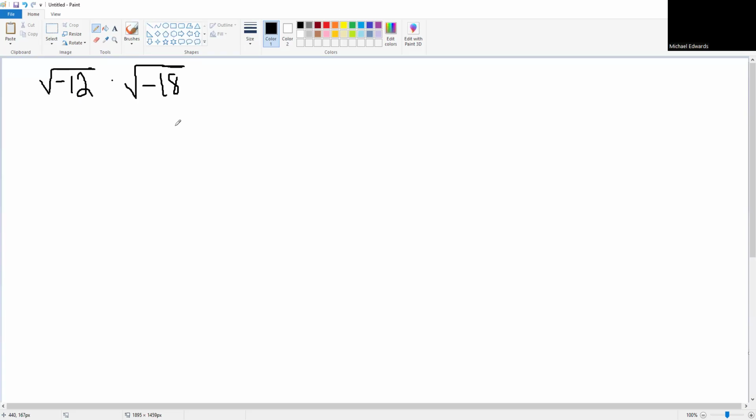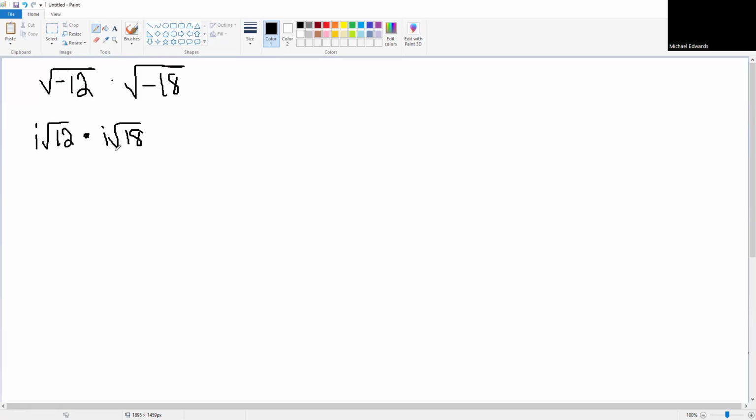Now, what we could do is say, well, we know that the square root of negative 1 is i. So let's take out this negative. i square root of 12 times i square root of 18. Now we pulled our negative out.